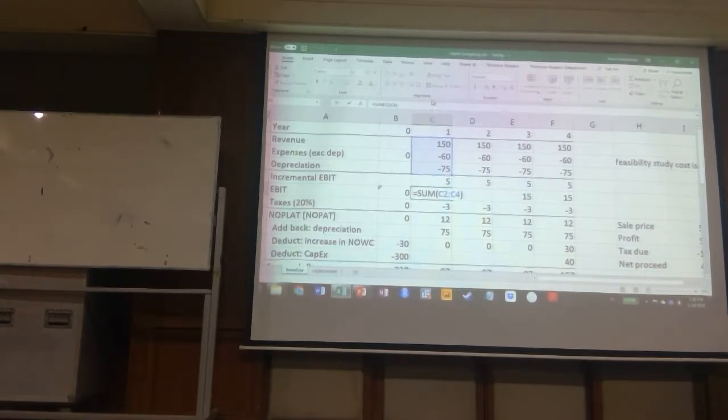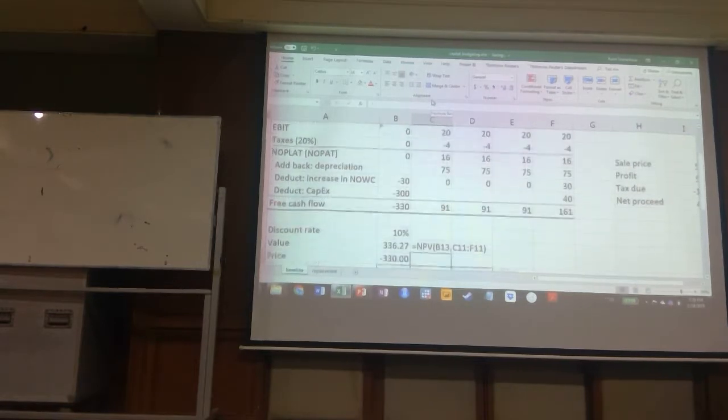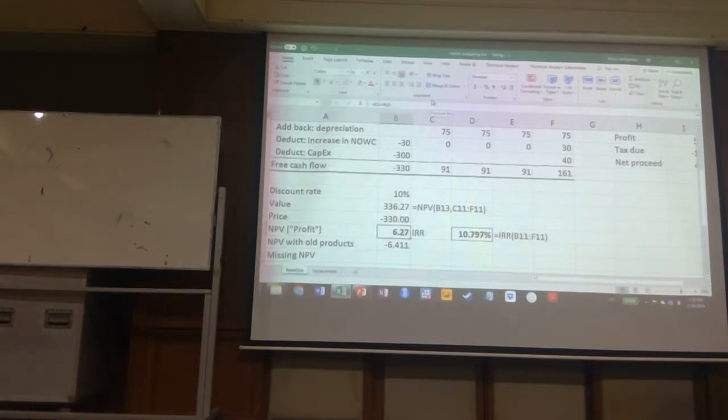So it would be this, plus incremental EBIT, and then everything will get reevaluated, and there we go.